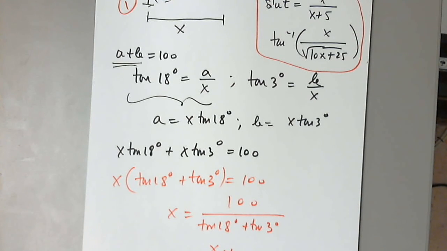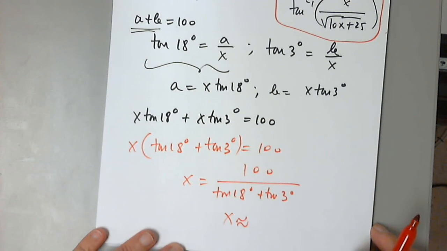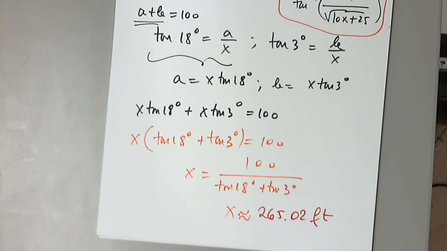I thought I could rely on you. 100 divided by, in parentheses, tangent 18 plus tangent 3. Okay. I got 265.02. And the measurement unit, I didn't read the measurement unit. Is it feet? Yes. Feet it is.